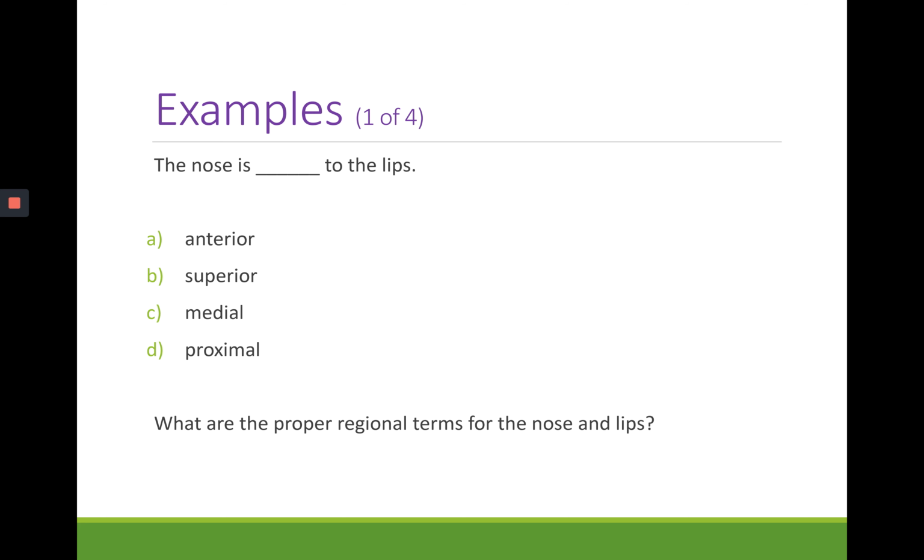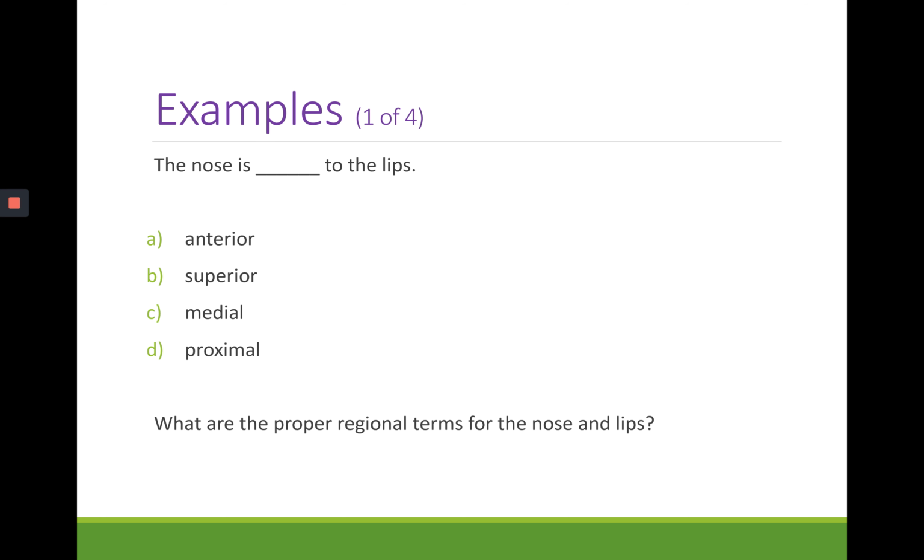So if I touch my lips and then move my finger to my nose, the direction my finger moved was up, or towards my head, however you want to think about it. And the term that means to move up or to move further towards the head is superior. And that's my answer. The nose is superior to the lips.